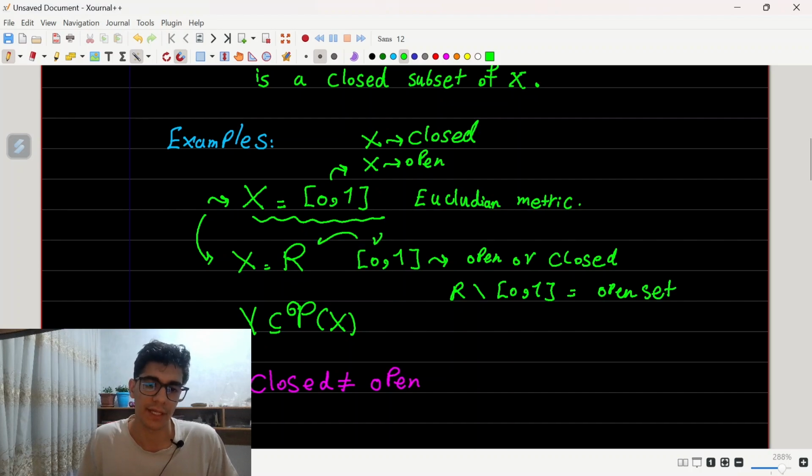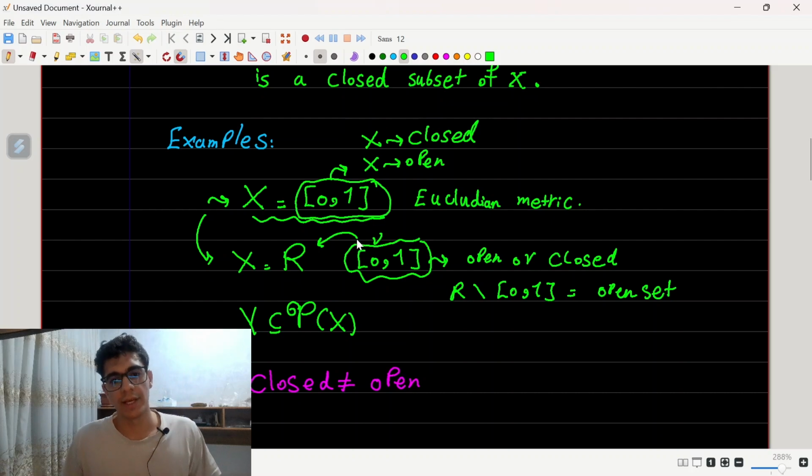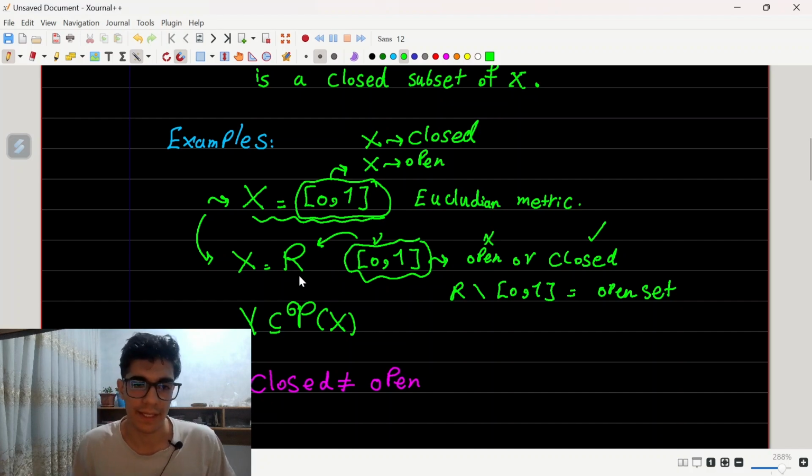But you have to pay attention that our space is the set of all real numbers. As you can see, these two are the same, but the space we are talking about is different. So this is closed and not open in this space, but this is both closed and open.